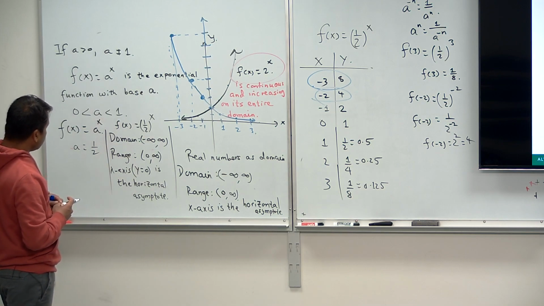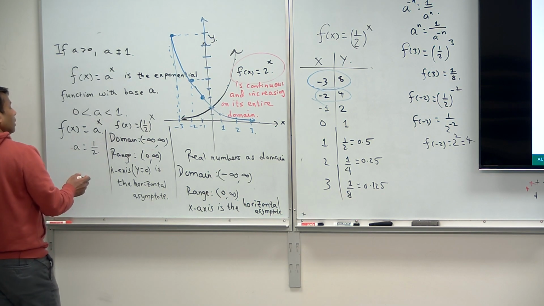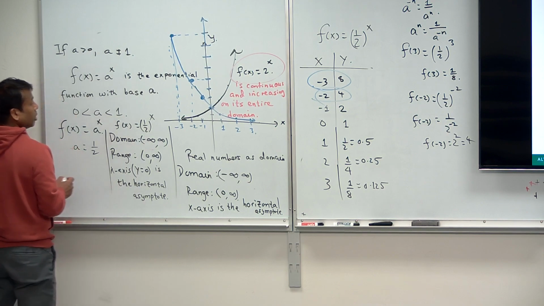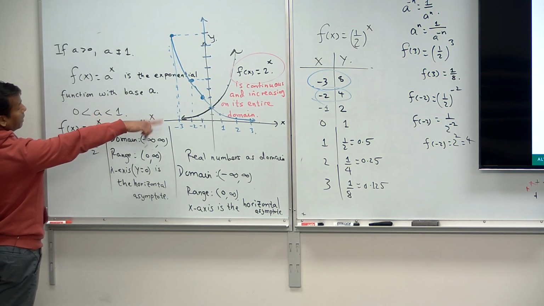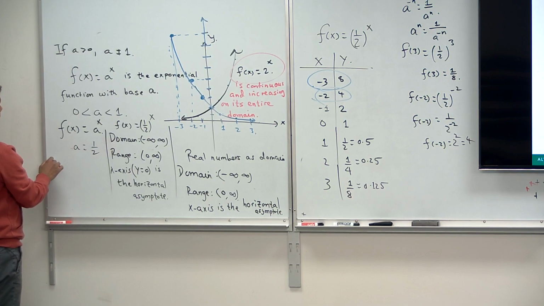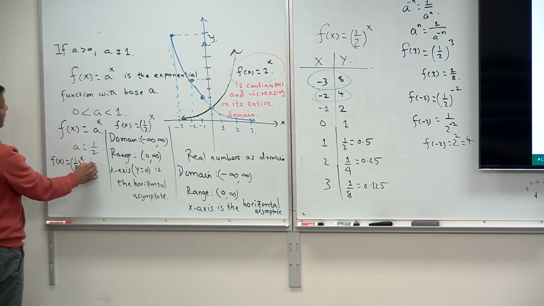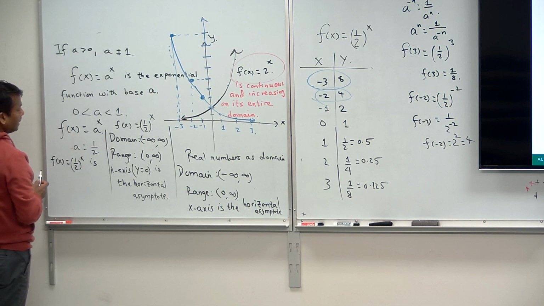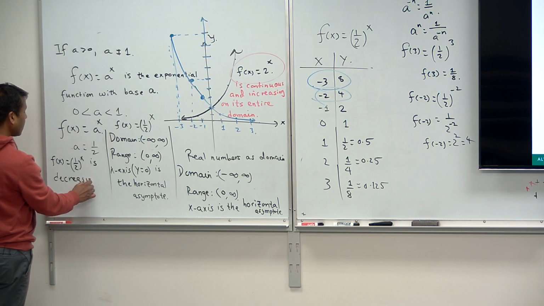So the x-axis, which is y equal to 0, is the horizontal asymptote, and the function is continuous and decreasing on its entire domain. Okay? So f(x) equal to half to the power x is decreasing, right?